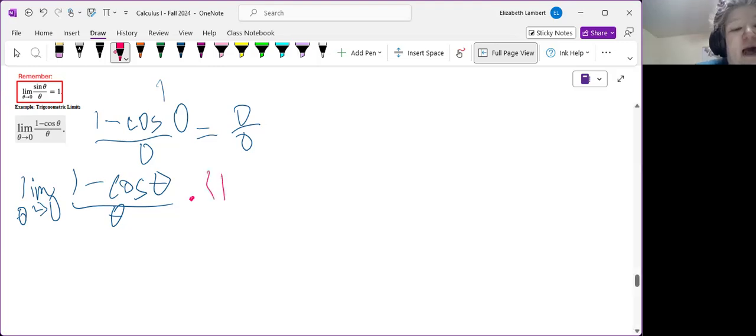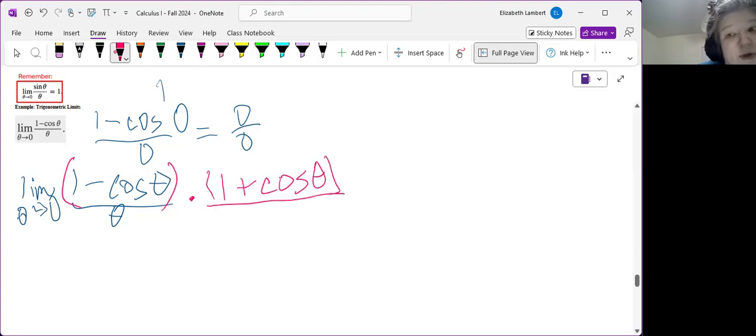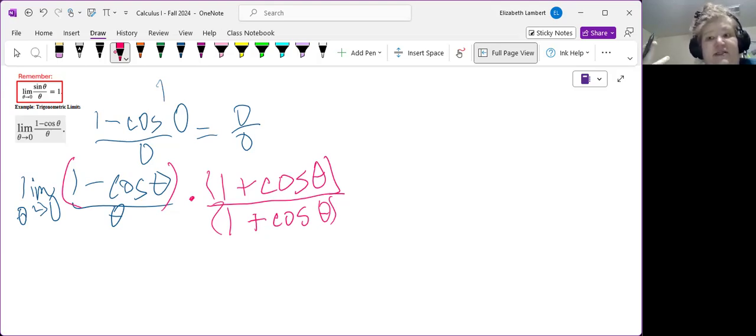So if I copy those same terms but change it to addition, I will still get that difference of squares interaction. But if I do it to the top of a fraction, I can only multiply by a crazy form of 1. So I have to put that craziness on the bottom. The good news is, though, the limit as theta approaches 0 of that is actually 2 over 2. So if we can get one of these zeros to cancel out, we'll be golden.